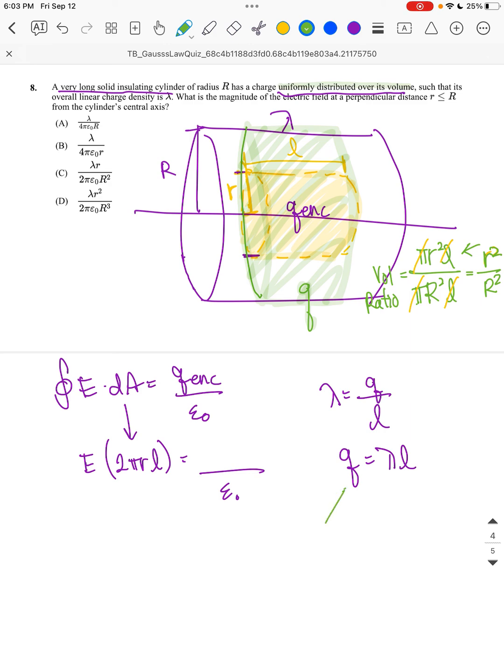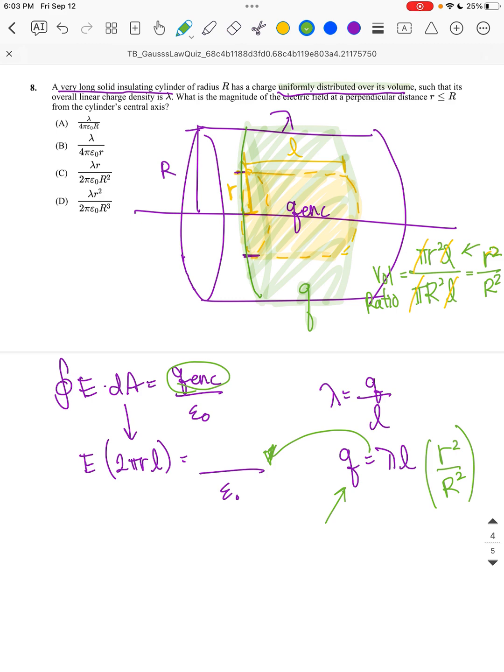So this is my charge in green, lambda L. If I just want what's enclosed, I can take my volume ratio and multiply that by the bigger charge we have here, and that will give me the charge enclosed. So if I were to plug that in here, that would just give me the smaller yellow enclosed charge.